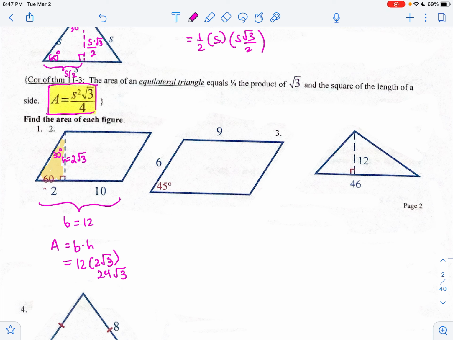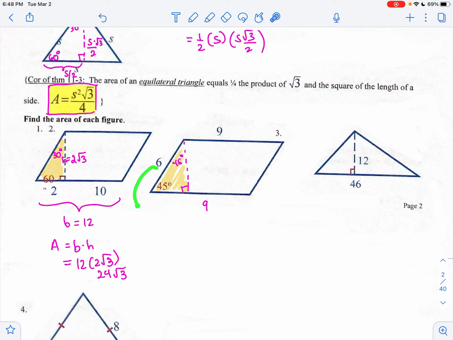Let's go ahead and try it for the next one. If I see that the base of the top is 9, I can conclude that the base of the bottom of that parallelogram is also 9. And the triangle, not drawn to scale here, when I drop the altitude down, creates a 45, 45, 90 triangle. Looking at that triangle, the hypotenuse is 6.